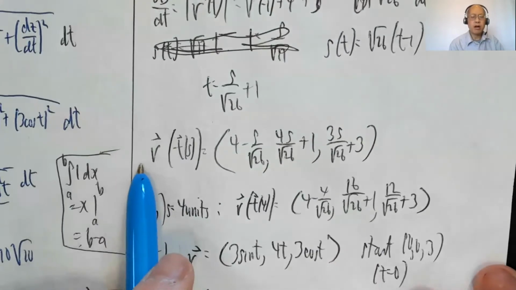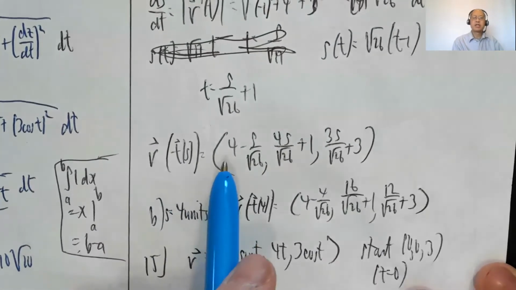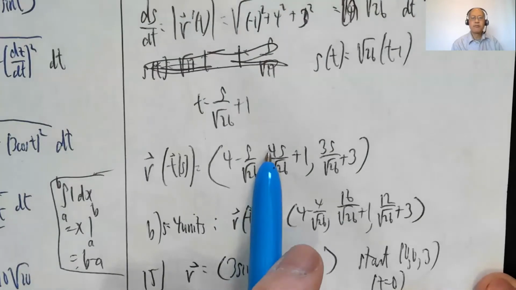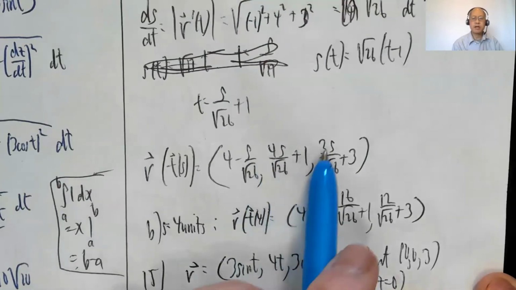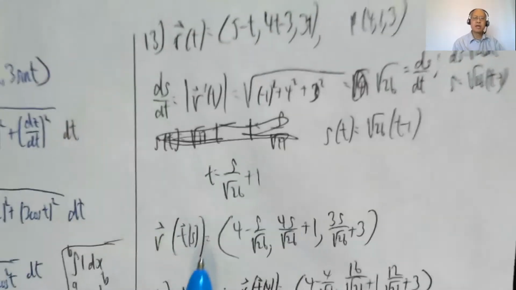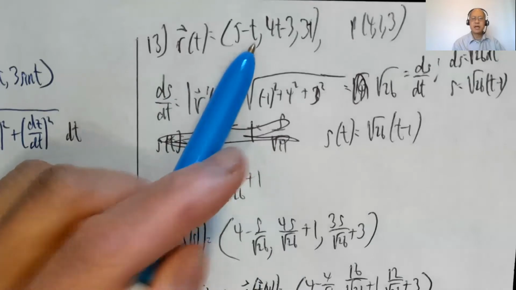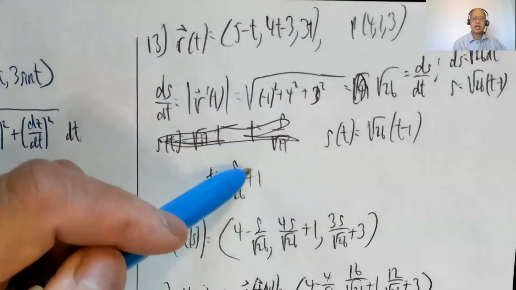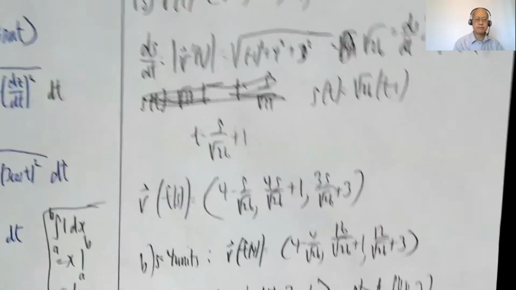Okay, so my r function, r of t of s, is 4 minus s over radical 26, 4s over radical 26 plus 1, 3s over radical 26 plus 3. So all I did was take this t and change it to that, change this t and change it to that, change this t and change it to that, and that's what you end up with.